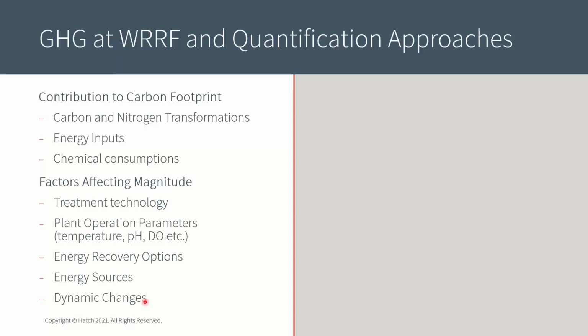And actually, there could be different emission factors that could be attached to that electricity that is being produced. And there is real-time information that is available with respect to the potential footprint of the energy that is being consumed at the plant. So it's changing on an hour-to-hour basis, and that could also affect the emissions that take place at the plant.